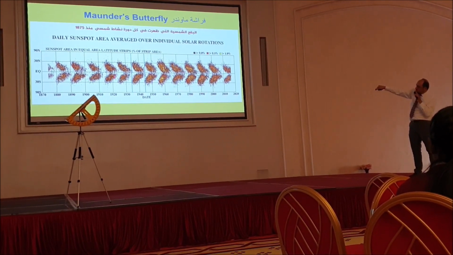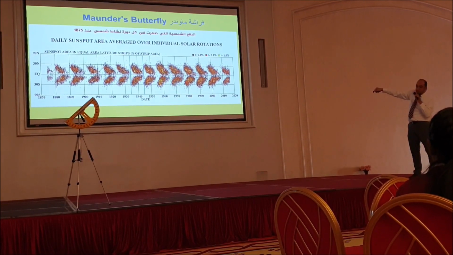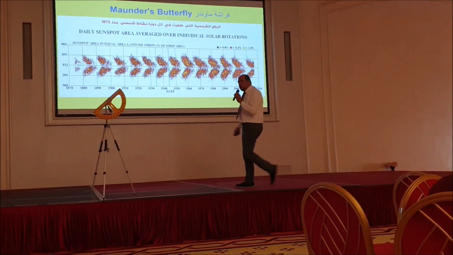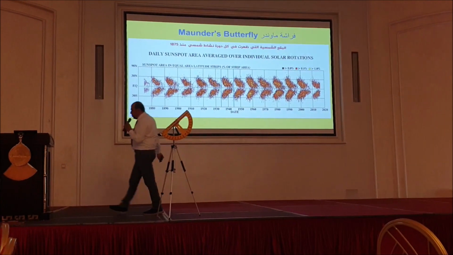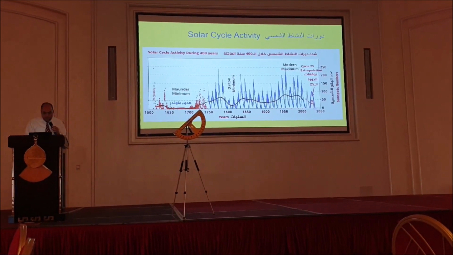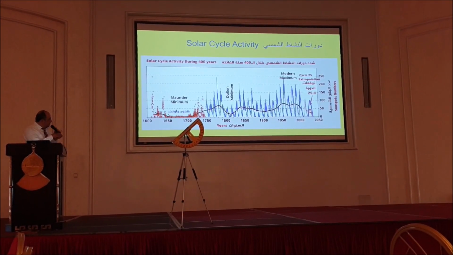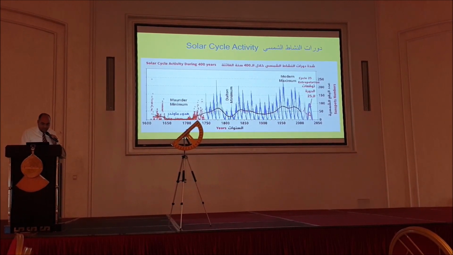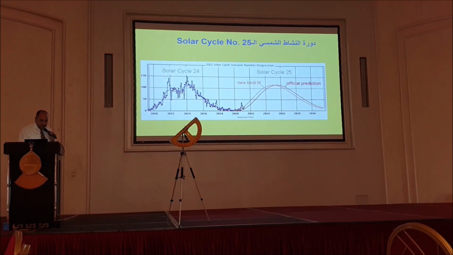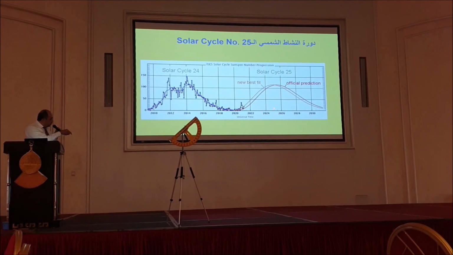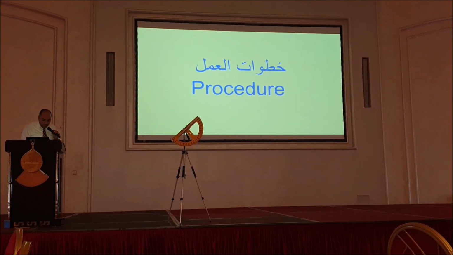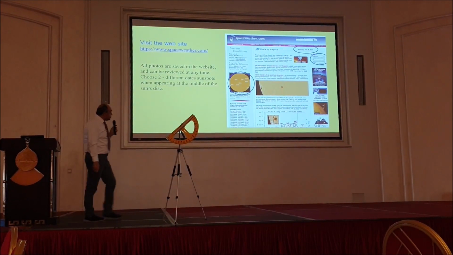At the end of the solar cycle, the sunspots are appearing around the equator of the sun. Okay, this is the historical drawing of the solar cycles. Our solar cycle, as I have told you, is expected almost here in July 2025.